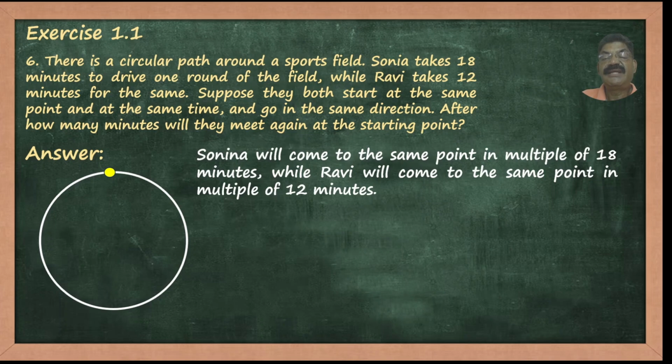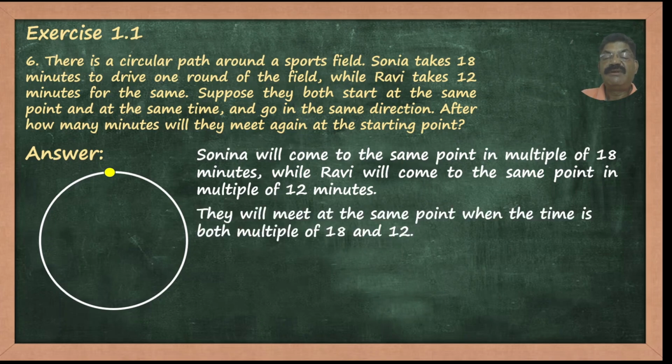Sonia will come to the same point in multiples of 18 minutes, while Ravi will come to the same point in multiples of 12 minutes. So they will meet at the same point when the time is a multiple of both 18 and 12.